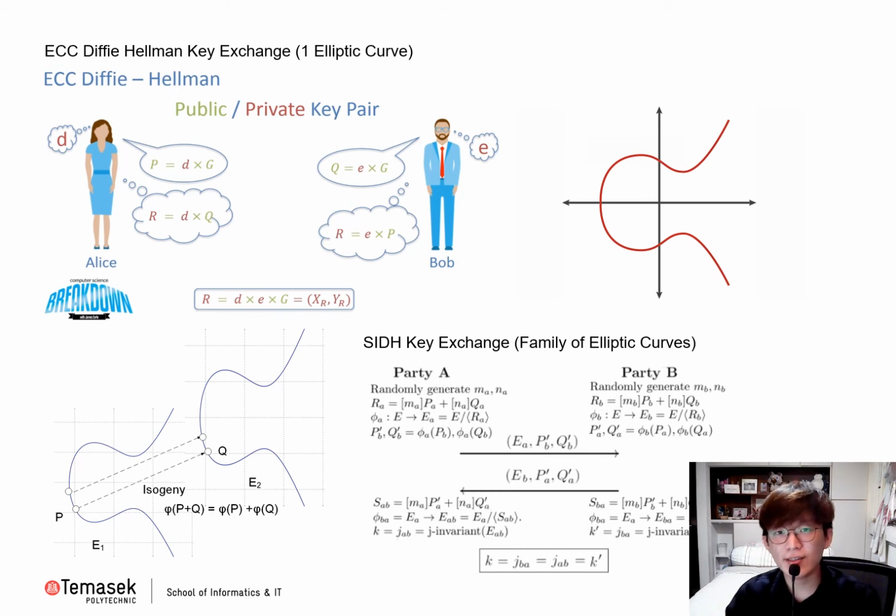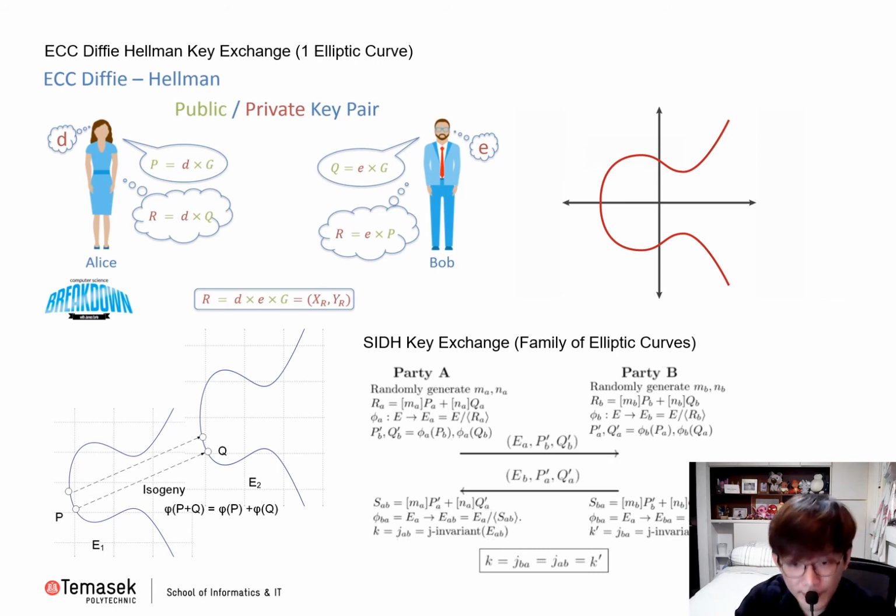So for SIDH, it's basically the same thing. It uses elliptic curves, but what makes it more secure is that it works with a family of elliptic curves. So you have this graph P with two points, and you can map it into another graph Q, another elliptic curve, with these two points at an exact same location on another curve Q, like that, which is called an isogeny, which makes these two curves isogenous.